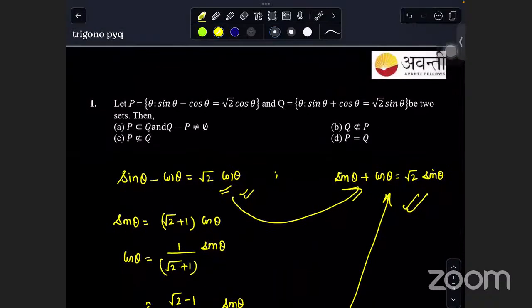That means P and Q have the same values of theta satisfying them. So the answer will be P equals Q. Very simple, elegant, easy question. Got it?